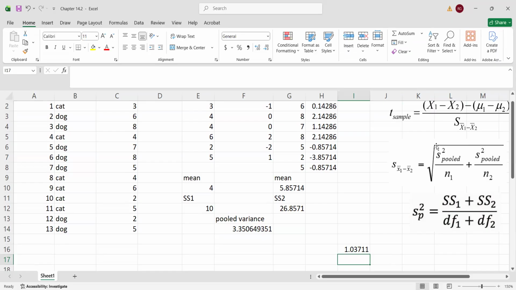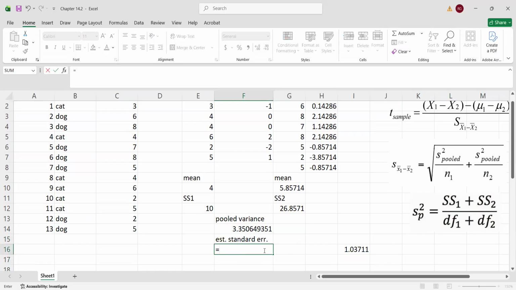To find estimated standard error, we need to take the square root of that. So I'm going to put estimated standard error here, and that is equal to the square root of that number. There's a function SQRT, and then we put that number in there, and that is our estimated standard error, 1.02, basically.